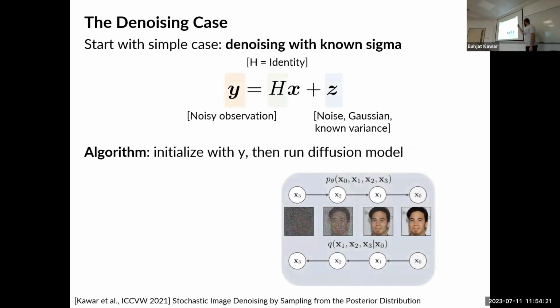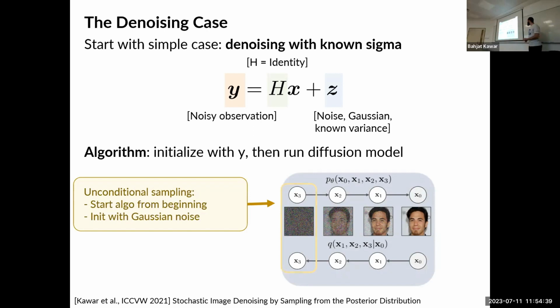Basically what this means is that H here does not exist. H is just the identity matrix. So our noisy observation is just our image x plus some Gaussian noise z with known variance. All right, let's look at diffusion models again. When you're trying to generate, which we call unconditional sampling, or trying to sample an image without any conditioning, you start from the beginning, initialize with Gaussian noise and go through the reverse process.